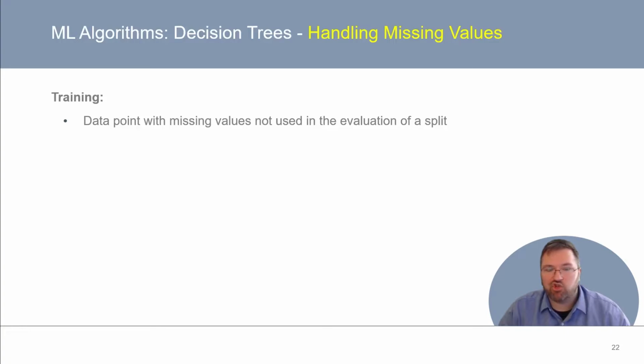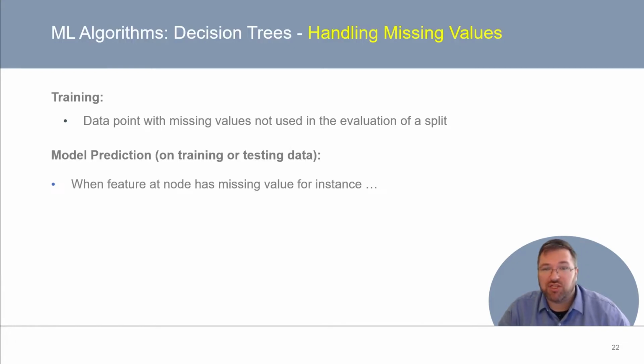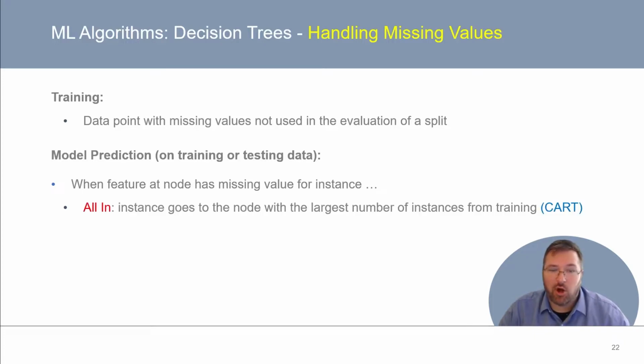For example, during training, a decision tree can simply ignore any data points with a missing value in the evaluation of potential splits. And during model prediction, when the model is faced with making a decision at a given node where the node's feature value is missing, there are a few ways we can handle this. One is the all-in approach, where the instance will be sent to the offspring node with the largest number of instances that ended up in it.